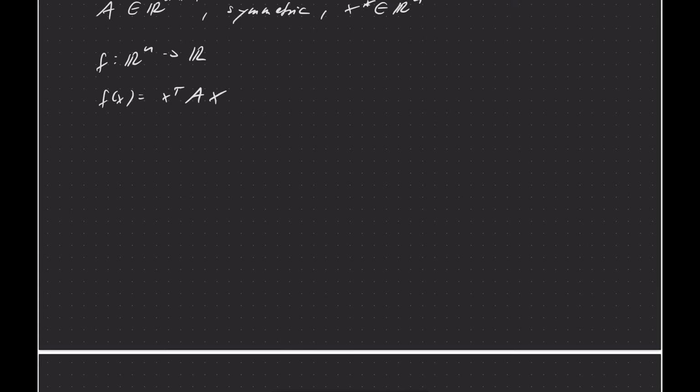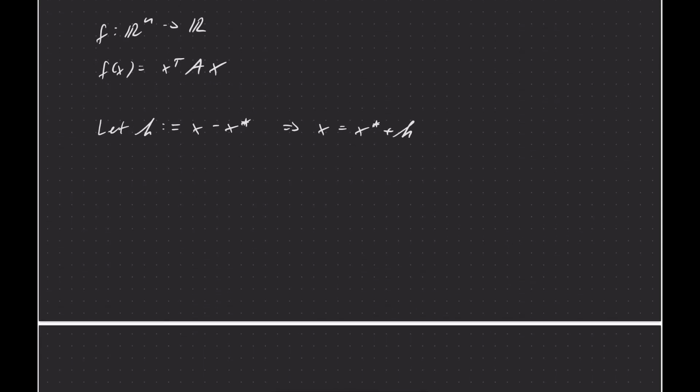Now, to make the notation a little more convenient, we'll introduce h, and that's just a shorthand for x minus x star, so that I don't have to write this all the time, okay? So in particular, x is then x star plus h.